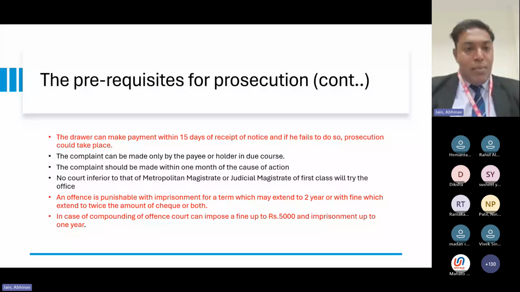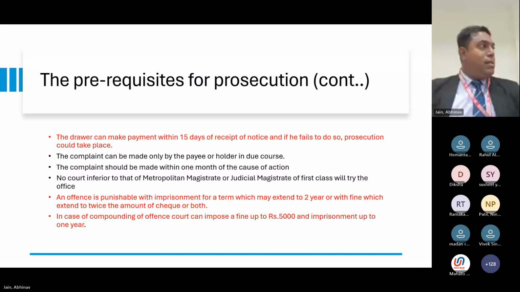So 2 years imprisonment or twice the amount of the check, or both. This is the punishment. Now, if the offense is repeated, then a fine of 5,000 and 1 year imprisonment. Fine of 1,000 and imprisonment can be given.